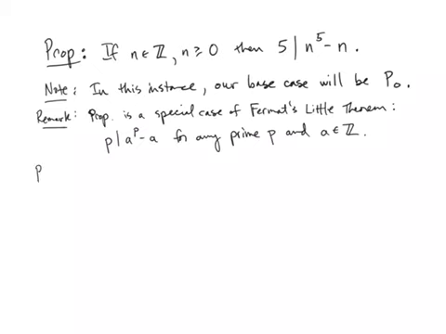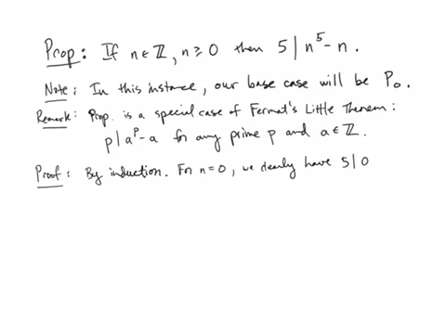Okay, so here's the proof of the proposition. So it's by induction. Okay, and so for n equals 0, we clearly have that 5 divides 0 to the 5th minus 0, because that's just 0. Right?